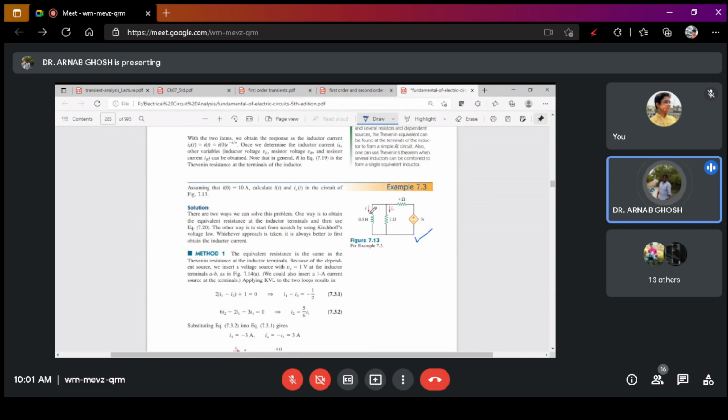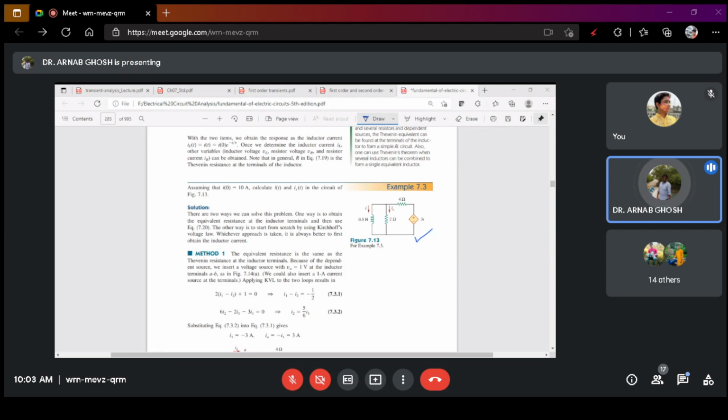This is the decaying current across the inductor, and you have to calculate the branch current, that is Ix. Okay, sir.